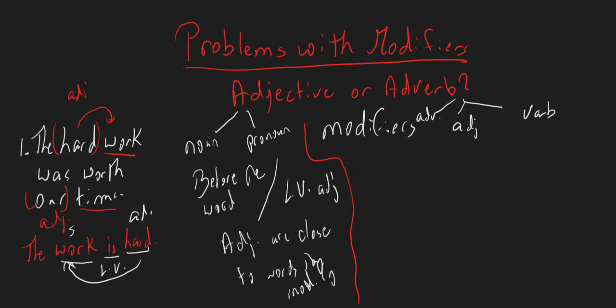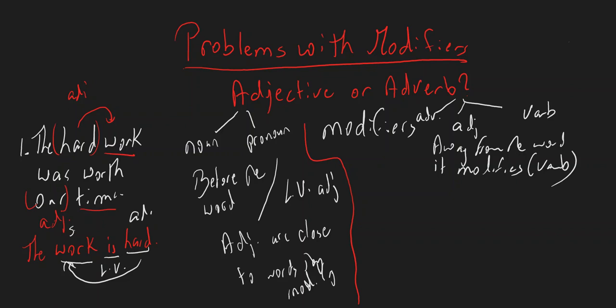And one special thing about adverbs is that in many cases they can be placed away from the word it modifies. Not always, but especially when it's modifying a verb. Okay, so when an adverb modifies a verb, usually it can be placed far away from the word it modifies without having a misplaced modifier.